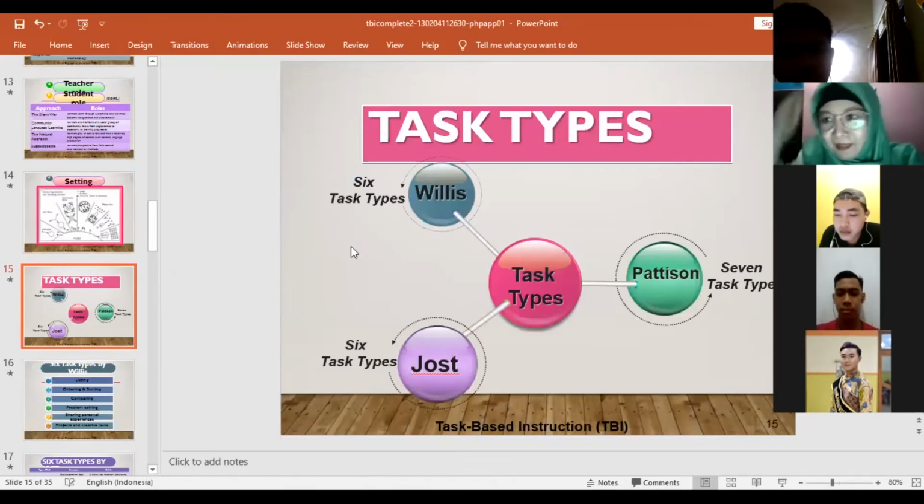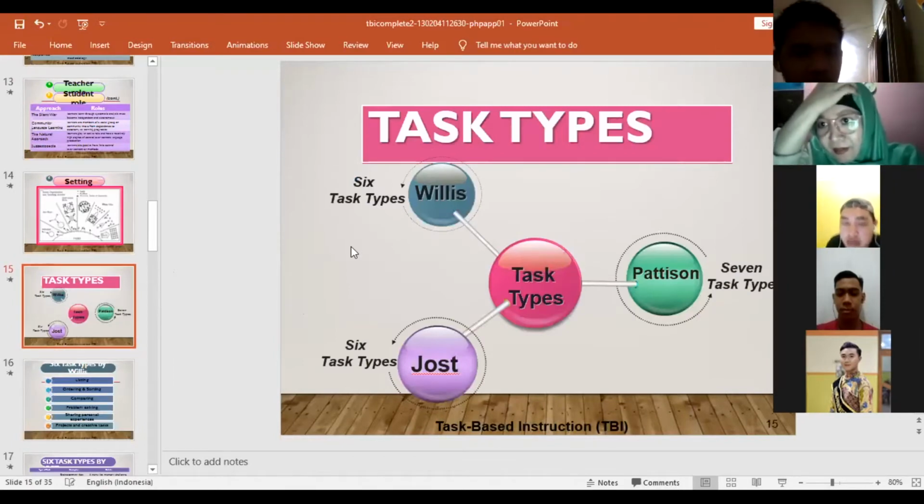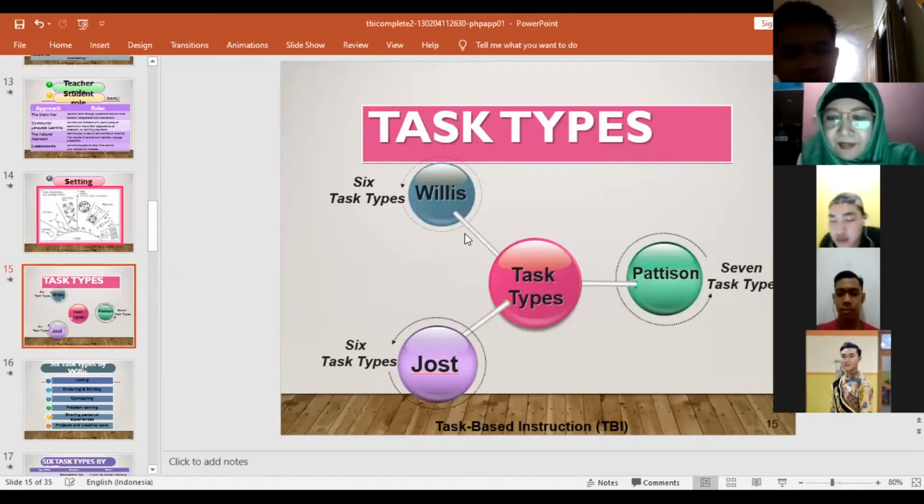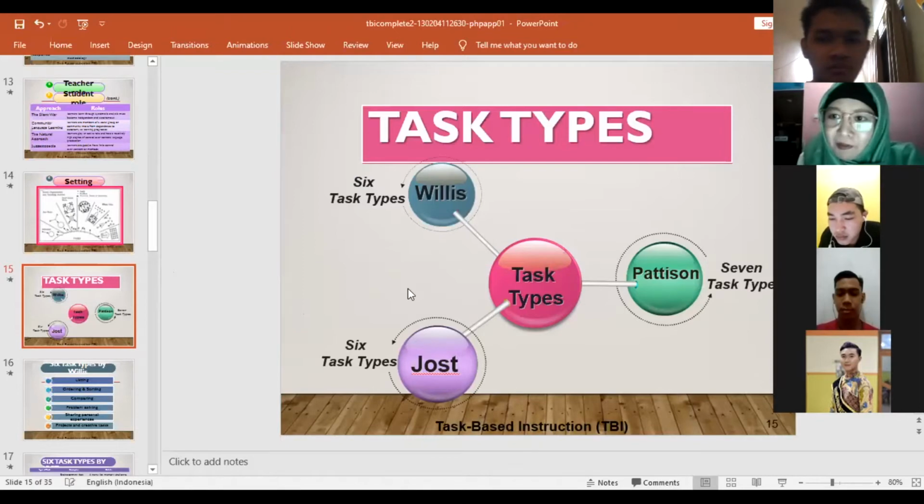So how many types do you see here? Three types, by Willis, Prabhu, and Nunan. So this is what I'd like you to do in a group discussion. You're going to discuss one type of these, and then develop it into designing of tasks.